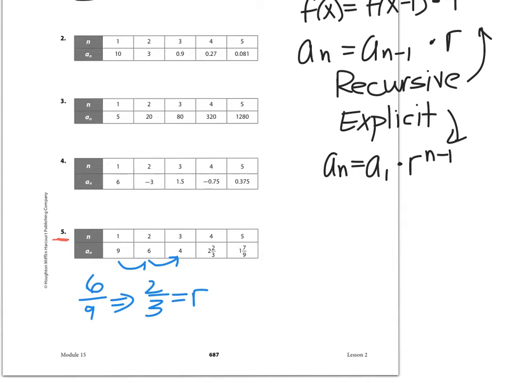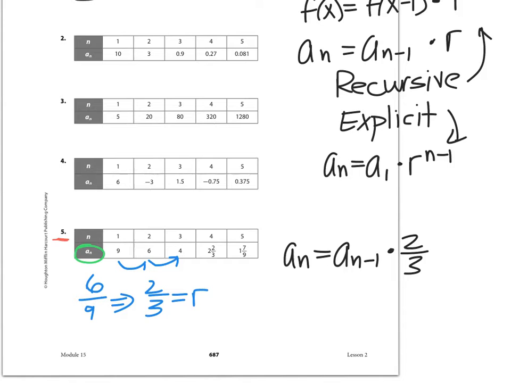Okay, so for a recursive rule, since they're using the notation a sub n, my recursive rule here is going to be a sub n equals a sub n minus 1 times 2/3.